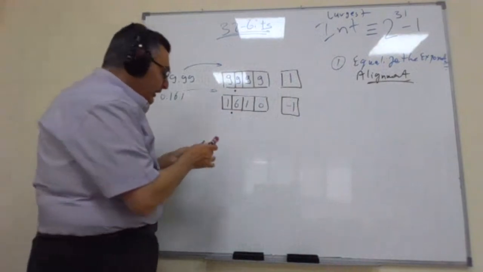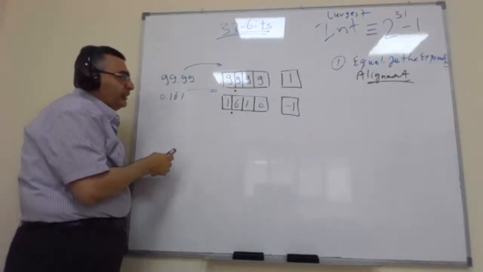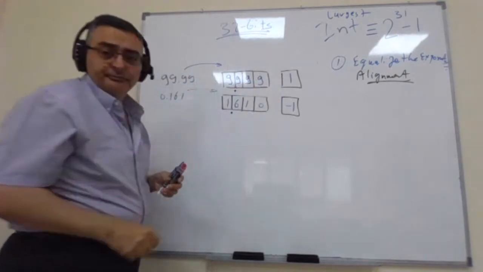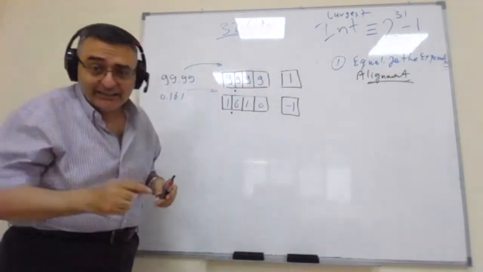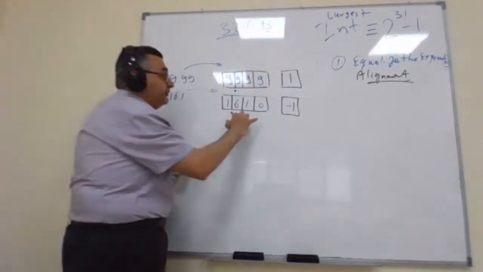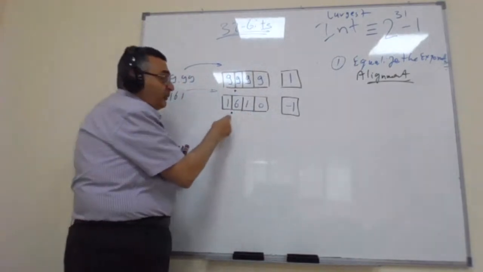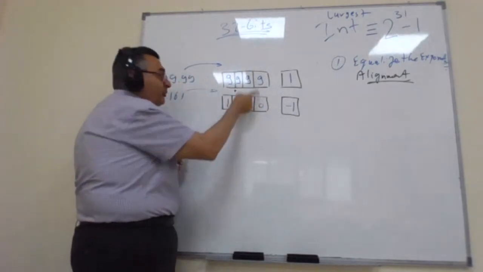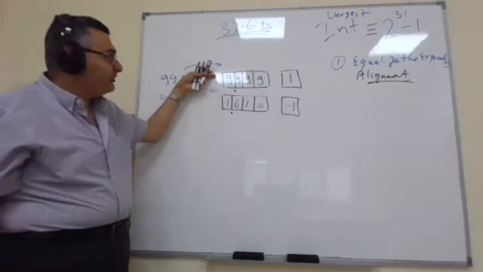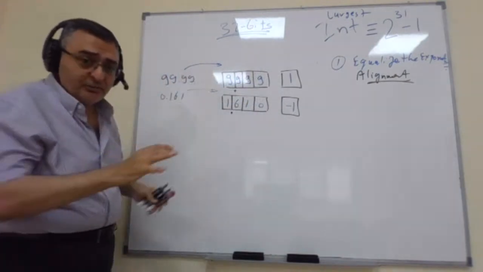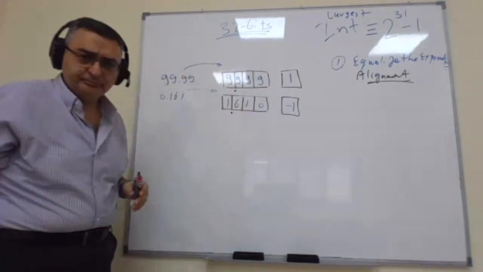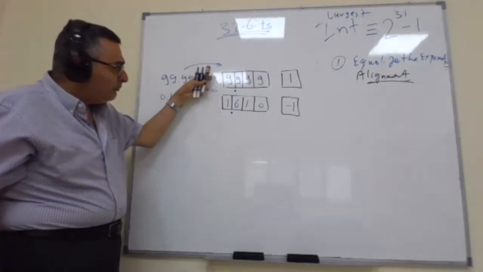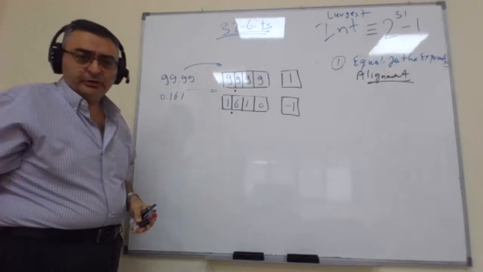How can I align the numbers, okay, to prepare for the addition? Exactly. I have to shift a decimal point, or actually shift the number. مين فيهم اللي يتشفت؟ Shall I shift this or shift this? Remember something, they are stored in the computer system. So shall I shift a bigger number or the smaller number?